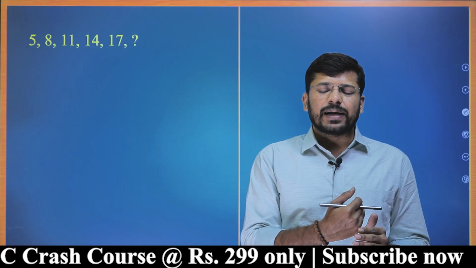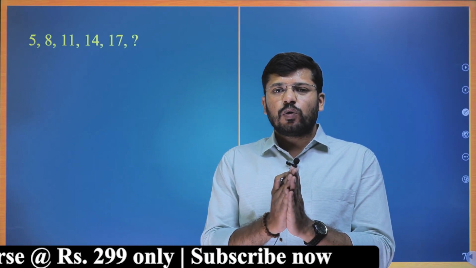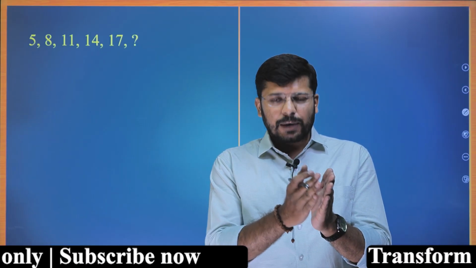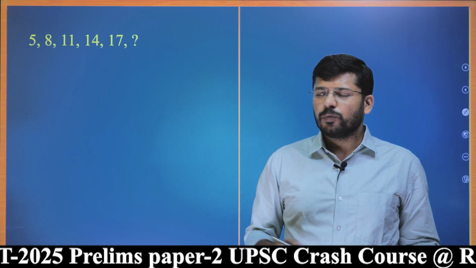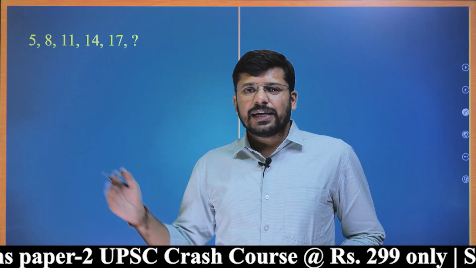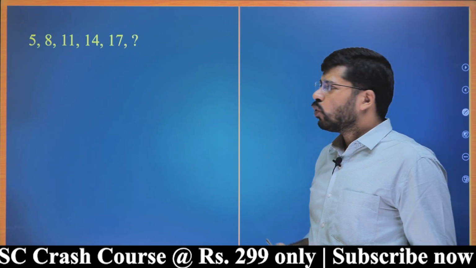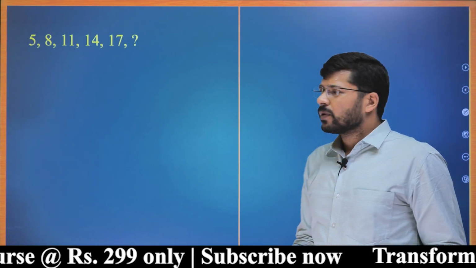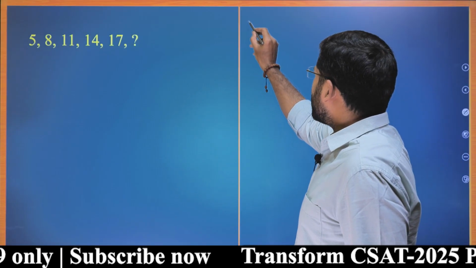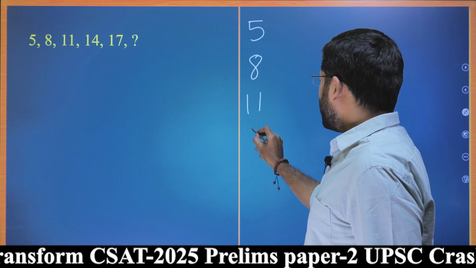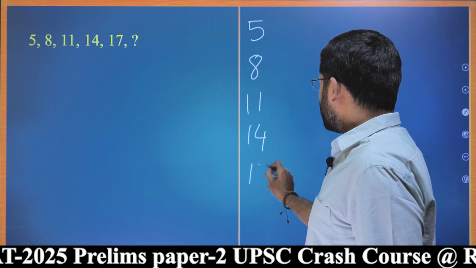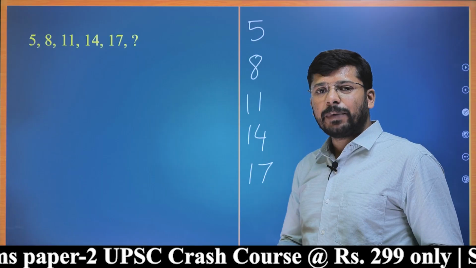They might have a constant difference between the numbers in the series, or a growing difference between the numbers of the series. You will better understand it by solving this question. Whenever you get a question like that, better write the numbers in vertical order. If you write them in vertical order, it gets easier to analyze the pattern.